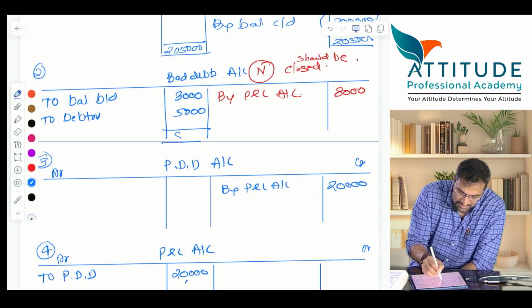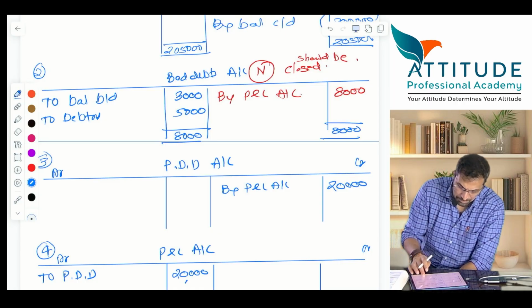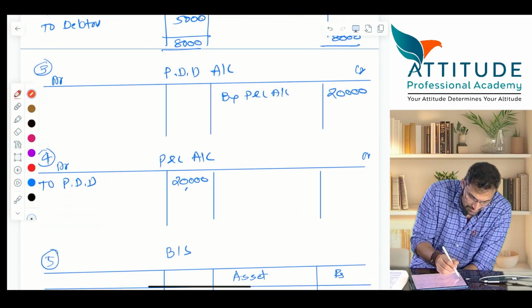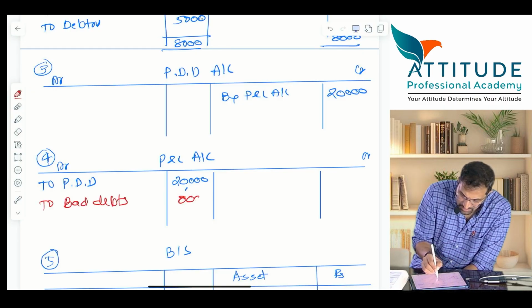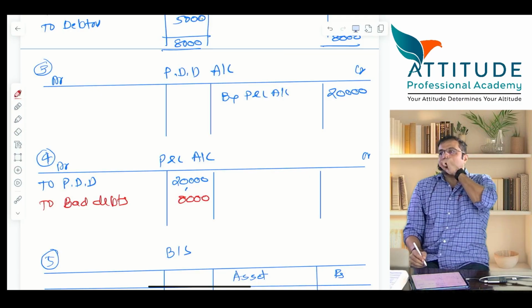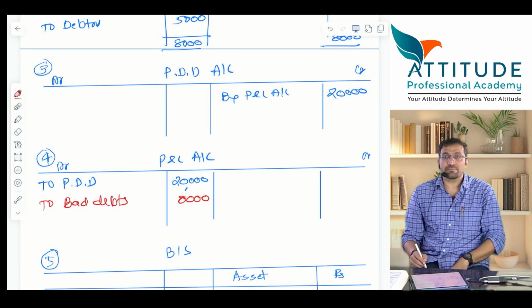Yes, bad debts account is getting closed. Close हो गया. Now in P&L account, you should write here to bad debts 8,000. Provision you have made 20,000. 8,000 is current year bad debts.